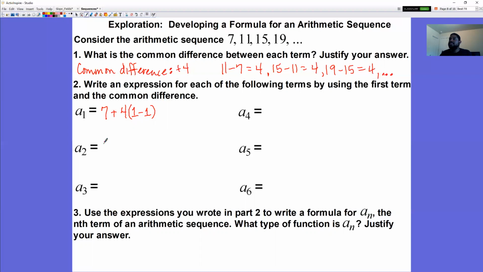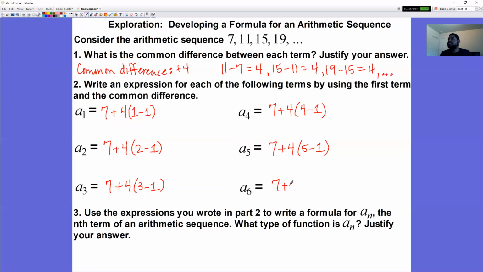The next term will be 7 plus 4 times 2 minus 1. A3 is 7 plus 4 times 3 minus 1. A4 is 7 plus 4 times 4 minus 1. A5 is 7 plus 4 times 5 minus 1. And A6 is 7 plus 4 times 6 minus 1.